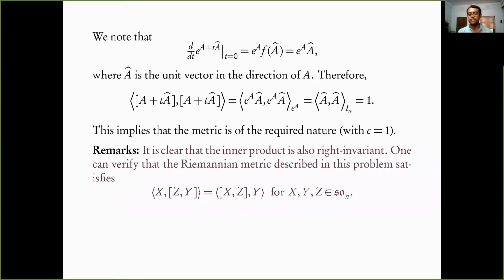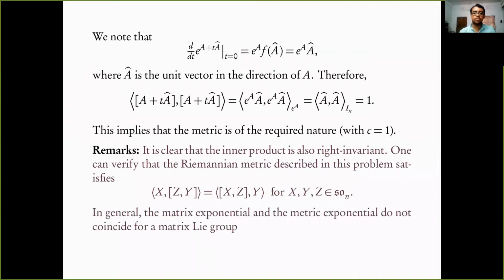So this is not an accidental problem that happens to work out. This happens to work out because of deeper reasons. Well, we have worked it out without resorting to these deeper reasons, but the point is there's much more to the story than this question suggests. And the last remark is that in general, the matrix exponential and the Riemannian metric exponential do not coincide, unless the metric is bi-invariant.